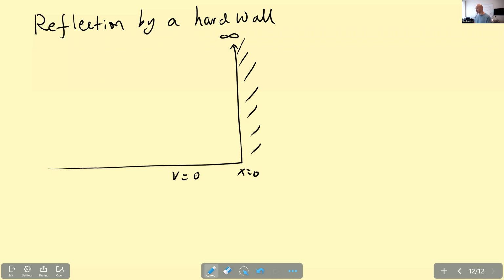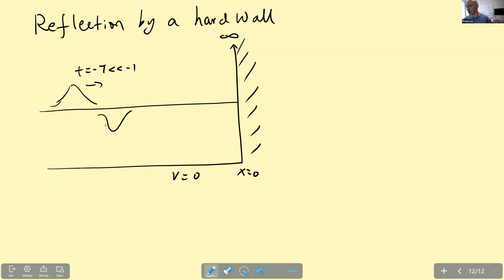You know that physically, if you have a wave packet, this one goes this way at t much less than minus 1. And then eventually this one will be reflected back at t much greater than plus 1, right?